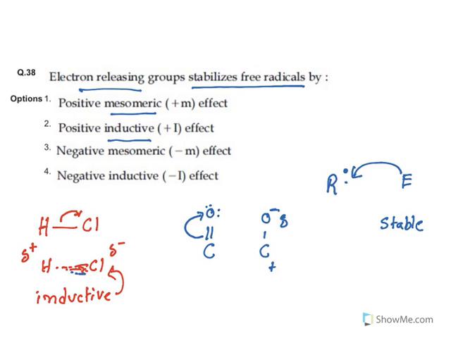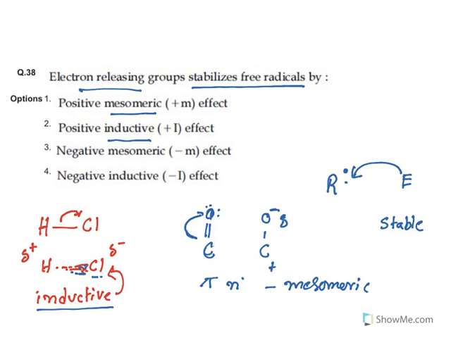There, the electrons only move towards the atom, but here the electrons completely move to the oxygen. This movement of electrons from pi or n electrons is known as mesomeric effect. Whereas the movement of electrons along a single bond towards an electronegative atom is called inductive effect.